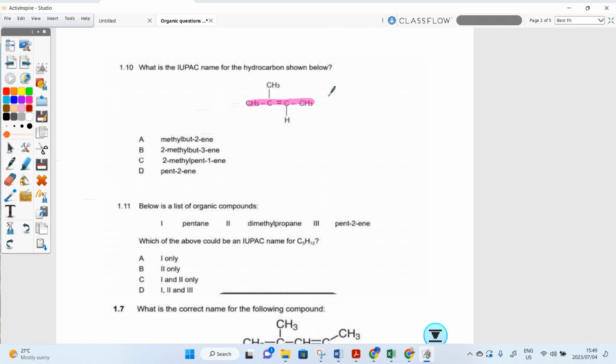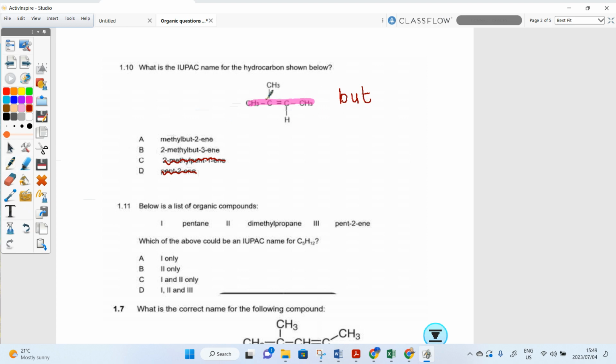So this is 4 carbons, which gives us a but-. So we already know it's but-, so we can throw away the pent- options. Can you see how quickly that happened? Just by saying that it's but-, we already threw away C and D. So we have our 50-50 already.